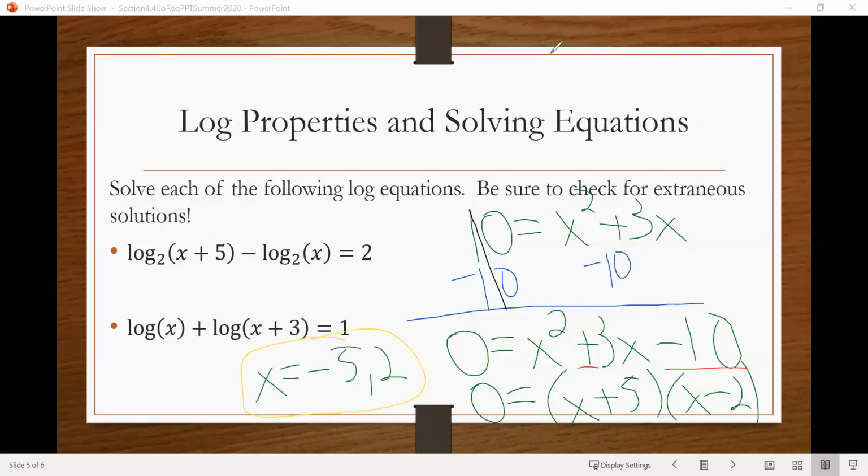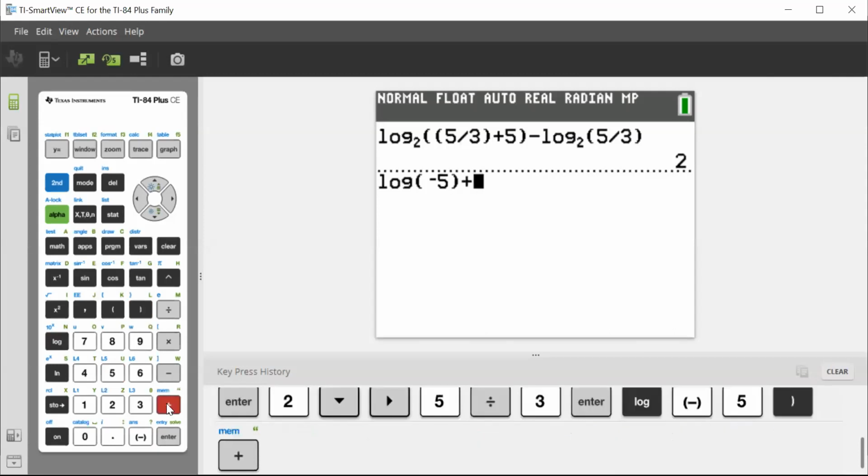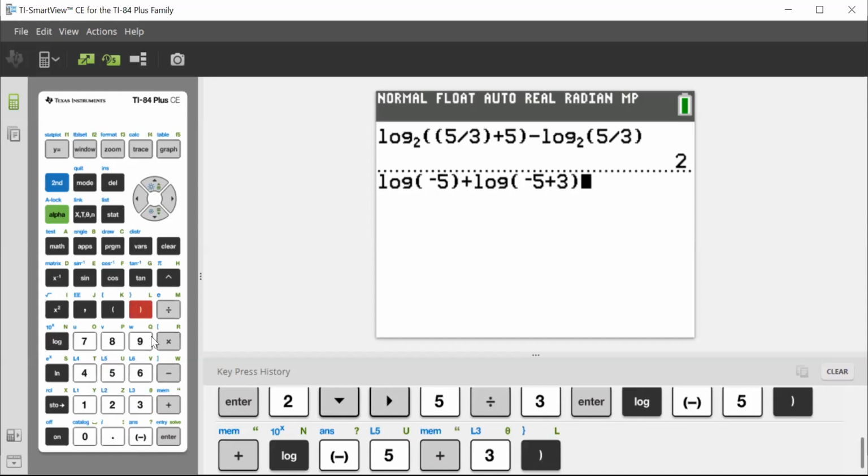Okay. Now again, just like on the last one, we want to double check this in our calculators. So we're going to go ahead and plug in the values of x here. So let's start with negative 5. So we want to do log of negative 5 plus log of negative 5 plus 3.